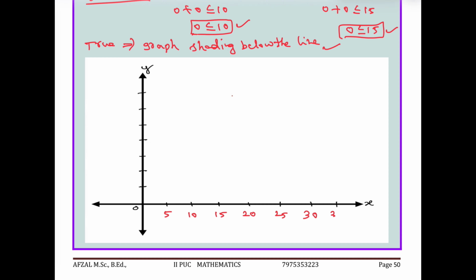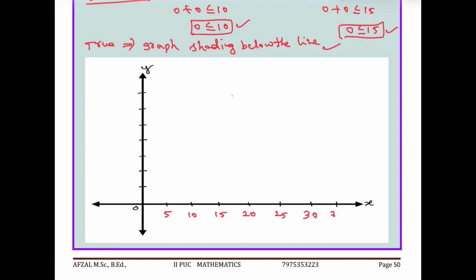Next part B. In that, 6 questions you have to attempt. There are 2 marks questions. 21st question. Find the equation of the line joining the points (1, 2) and (3, 6) by using determinants. Equation of line means 3 points are collinear. The meaning of 3 points being collinear is the area of the triangle becomes 0.